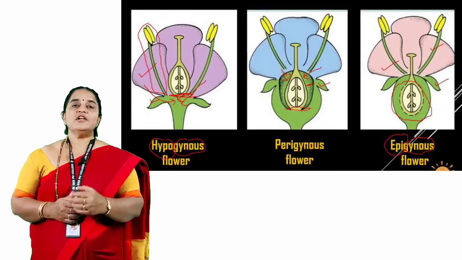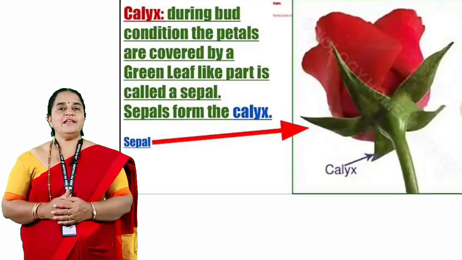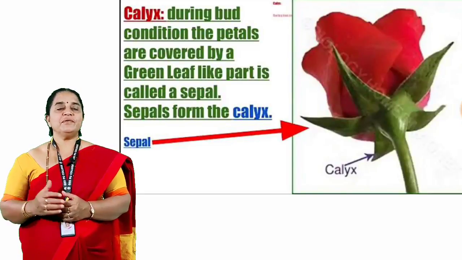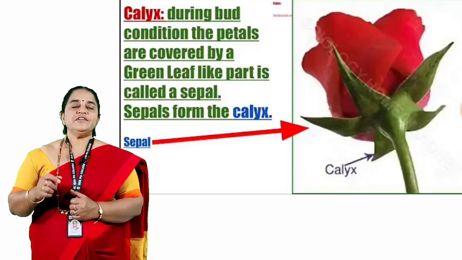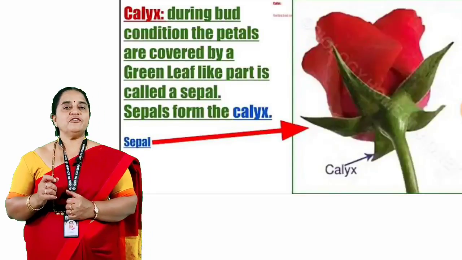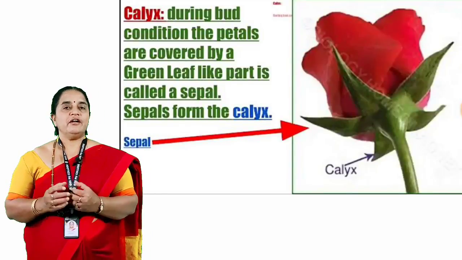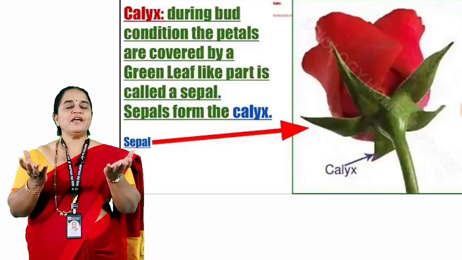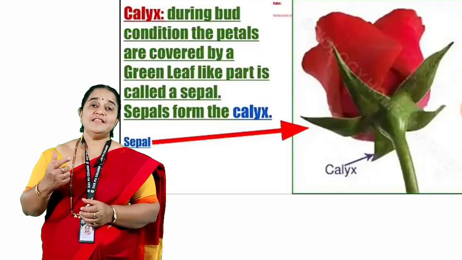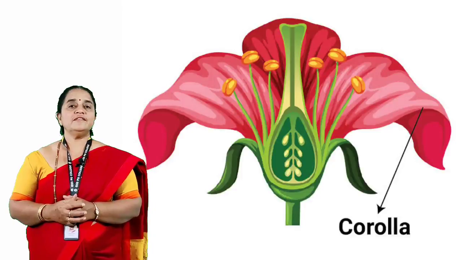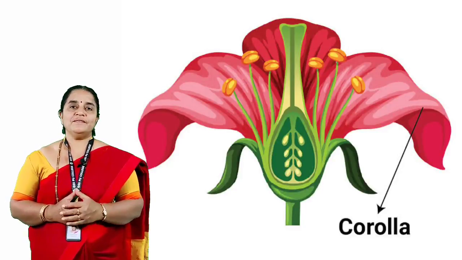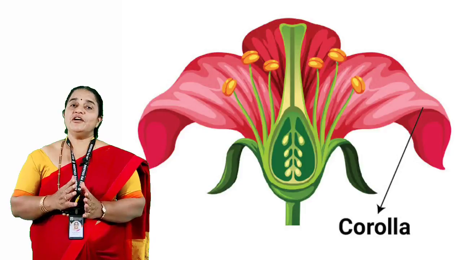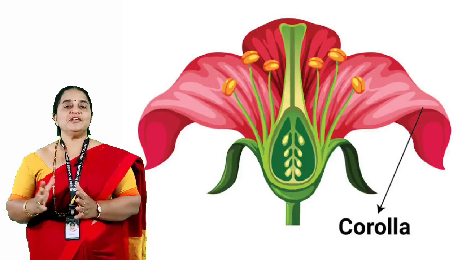The first whorl of a flower is the calyx, composed of sepals which are usually green in color, arranged specifically to protect the flower in bud condition, and when the flower blooms it gives maximum support. The second whorl of the flower is bright in color, made up of petals forming the corolla. The shape of the corolla varies from one species to another.